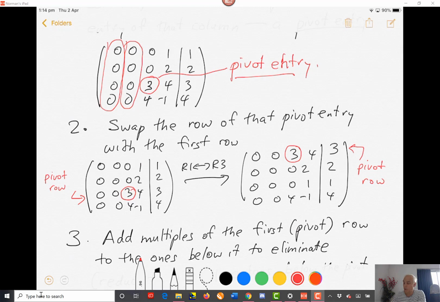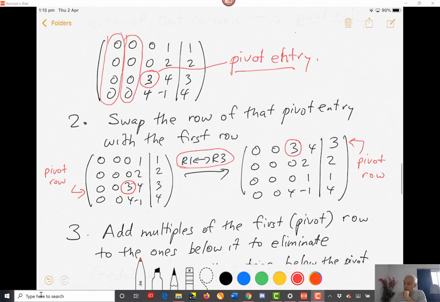So we're going to interchange row 1 with row 3. We're going to make a swap. That's one of our elementary row operations. So now the pivot row is up on the top, and what used to be the first row is now in the third row position. So happily, the new position of the pivot entry is at the top of this column.